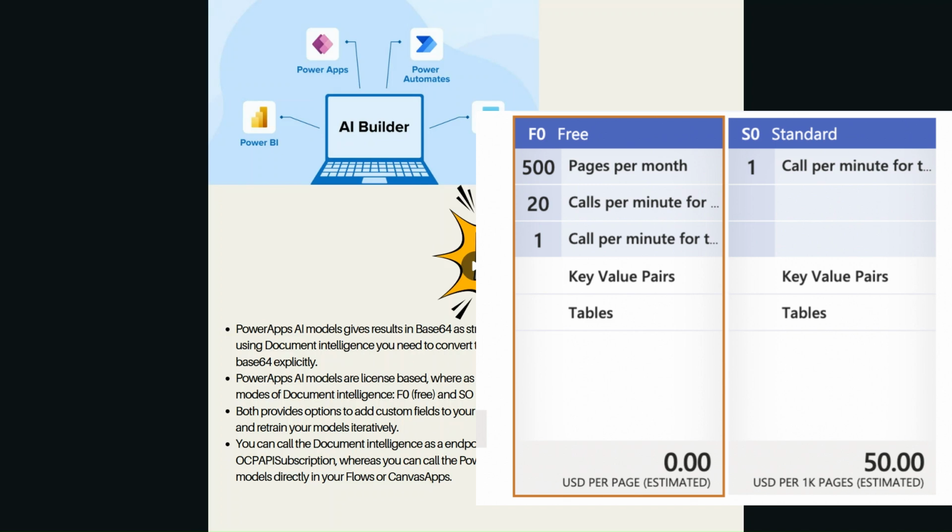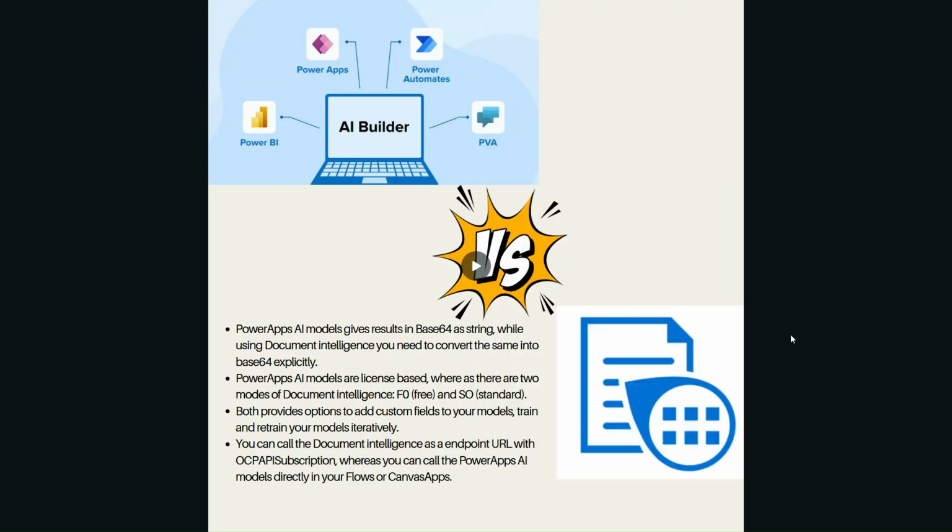F0 is free, but unfortunately, if you have already created one Form Recognizer for a resource group and a subscription, you might not be able to create one more under the same resource group and subscription. So that's one problem. Consequently, your costs could go up the more you call Document Intelligence.